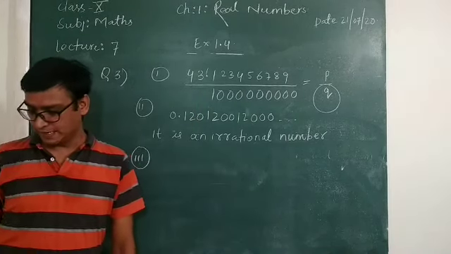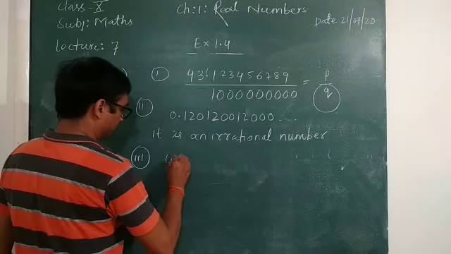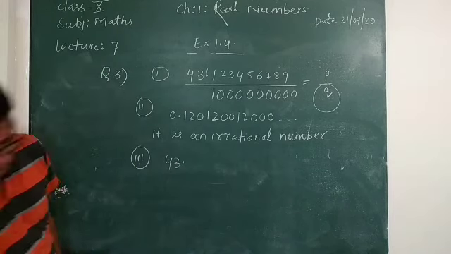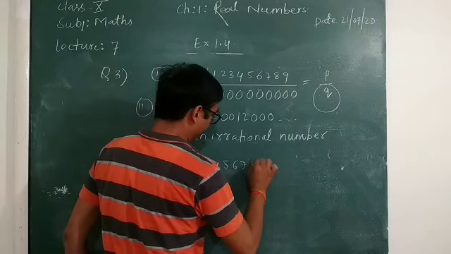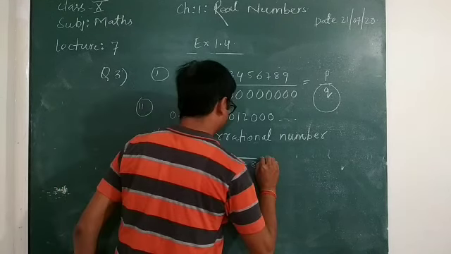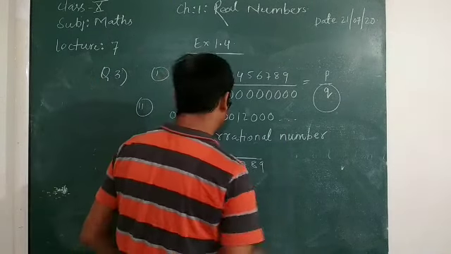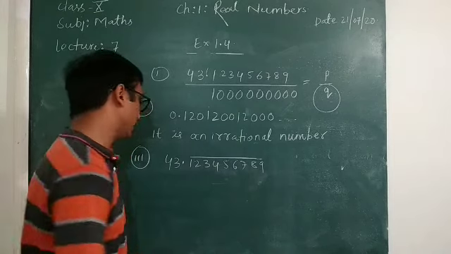Okay. The third one is this, that it is 43.123456789. So it is having a recurring number, which means the same number is repeated again and again.